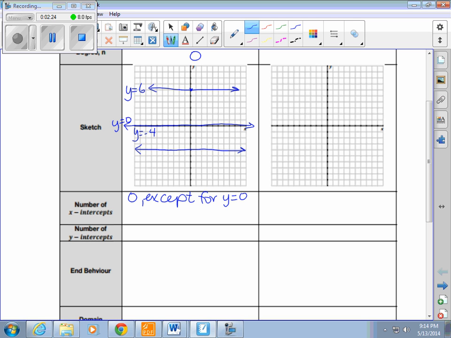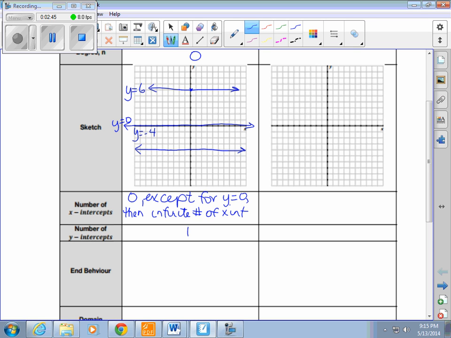And that would mean that we would have an infinite number of x-intercepts. Number of y-intercepts, there's 1 right where it crosses the graph.